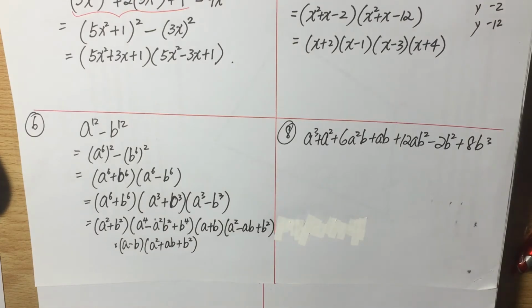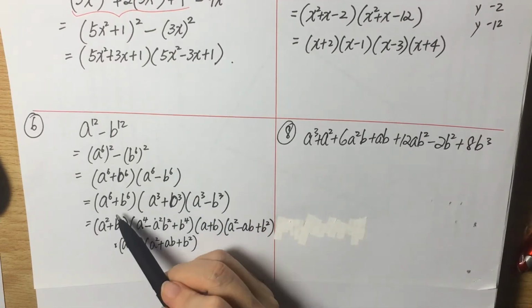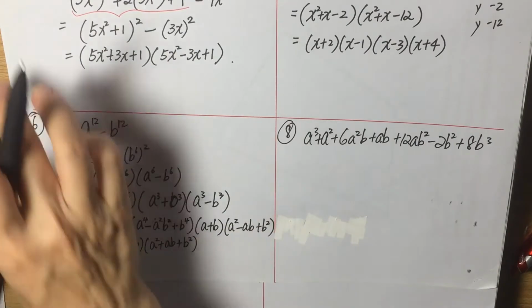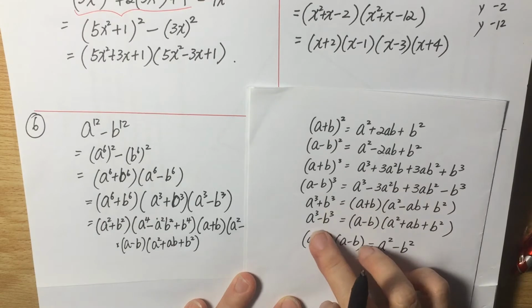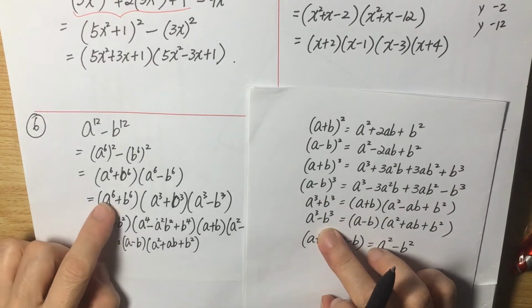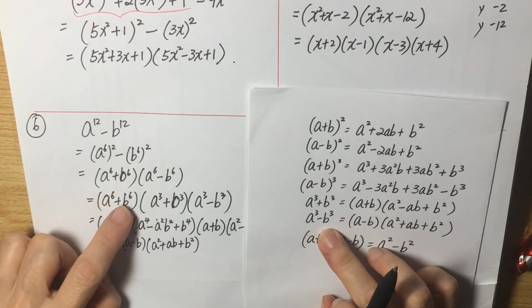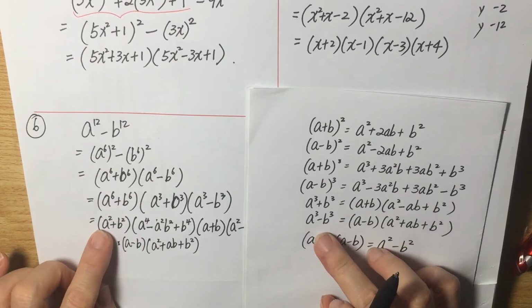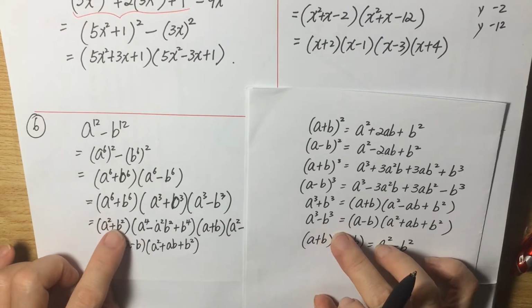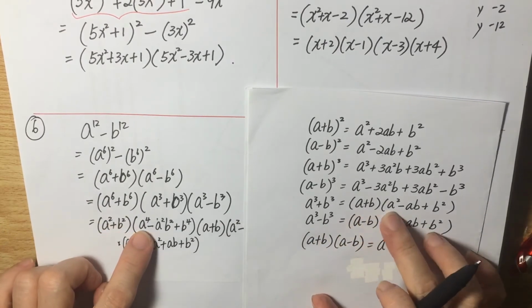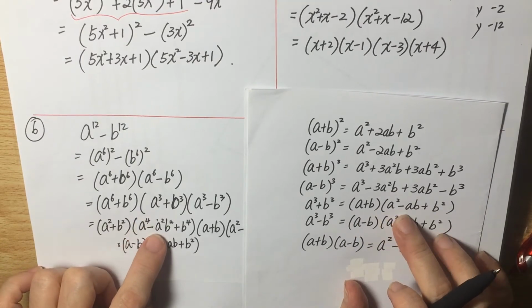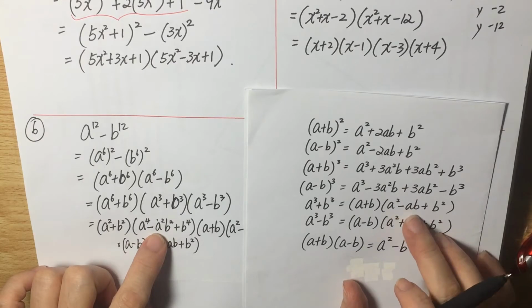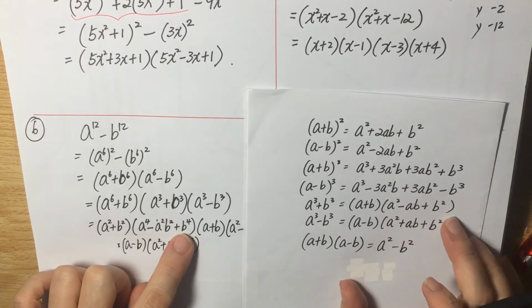Question 6. If you want to further factorize, you can still do it. That means you're going to use this formula or this formula. Okay, so you take this to be a squared cubed plus b squared cubed. So that would be a squared plus b squared, then the square of a squared, which is a^4, minus the product, and then plus b^4.